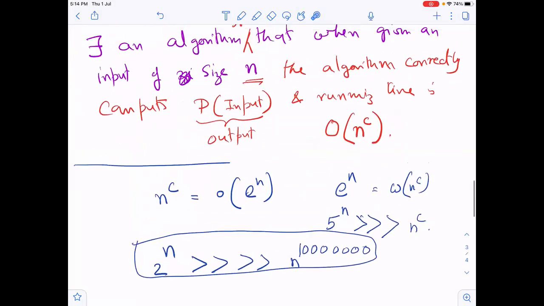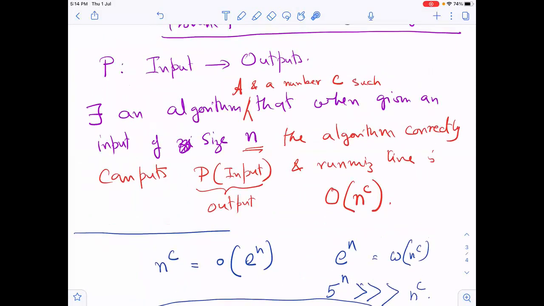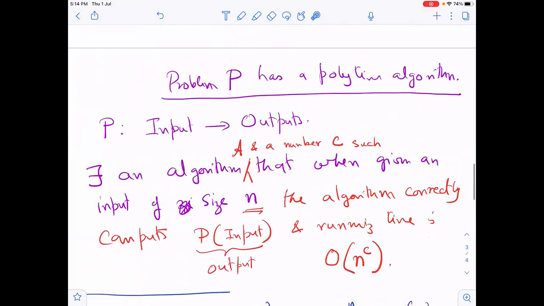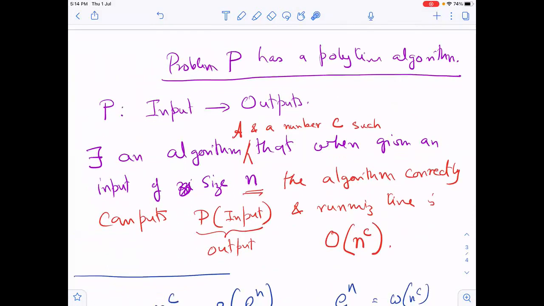This is one particular aspect of why we are interested in polynomial time algorithms. Okay, I must say that you can of course define the concept of exponential time algorithms and any time algorithms, but I will not be going into that in this course at all.